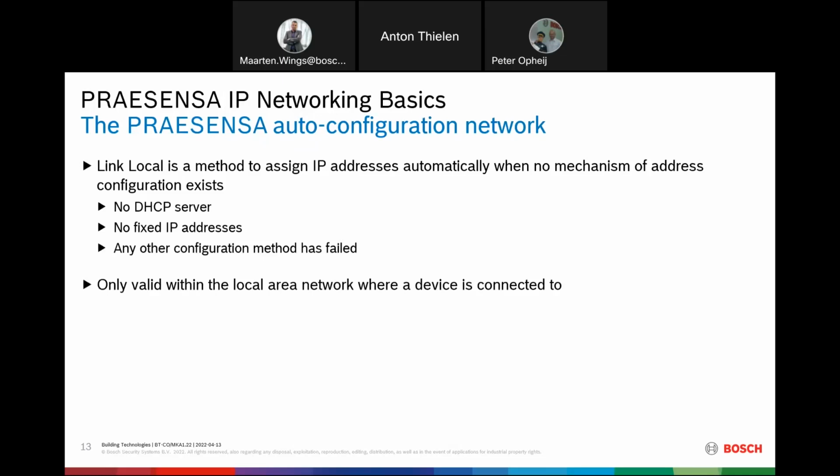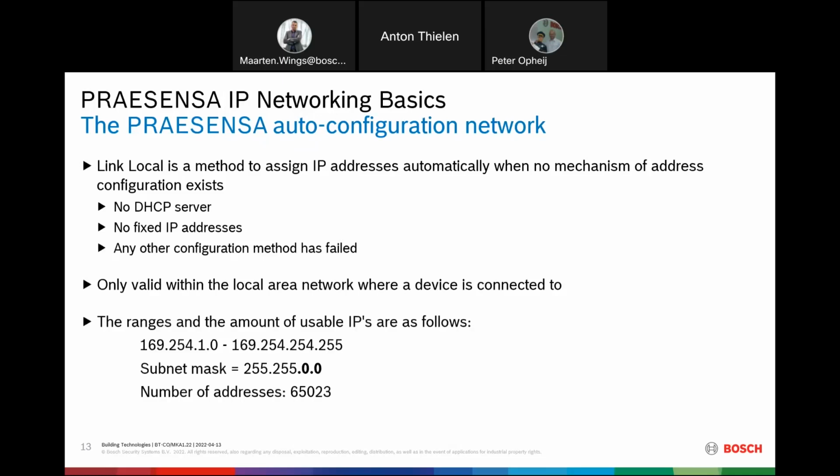It's only valid within a local area network, so it does not go over routers, where a device is connected to. And these are the IP ranges: 169.254.1 until 254.255. So you have a high number of addresses which you can assign in this link local range. Yeah? So that's just in case you do not have that DHCP server in place or fixed IP assignment.